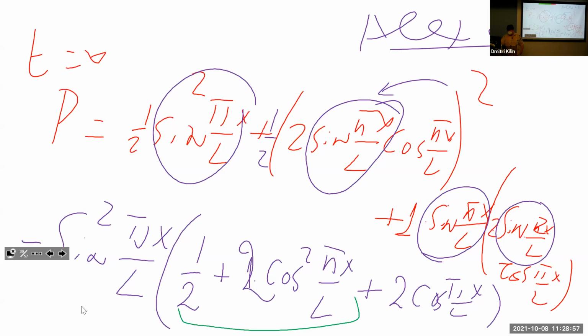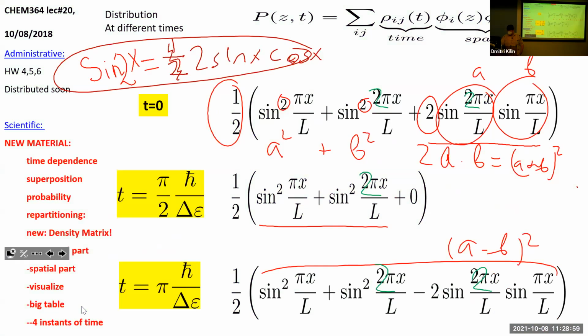So no, this is ugly. I'll probably focus here. So at time 0, we do have contributions from the ground state, which is a half period, and it is squared.